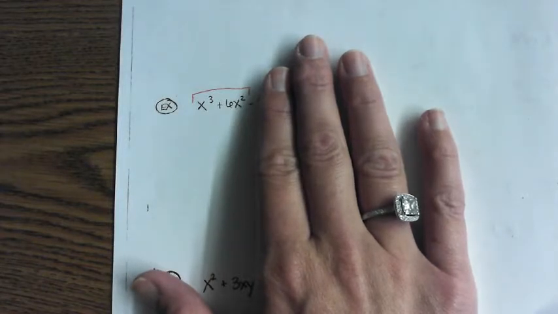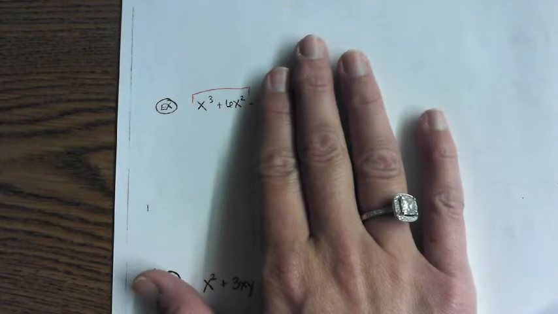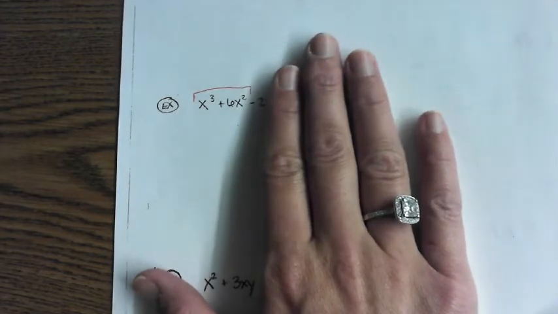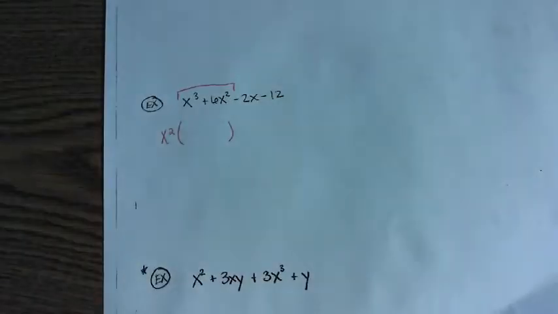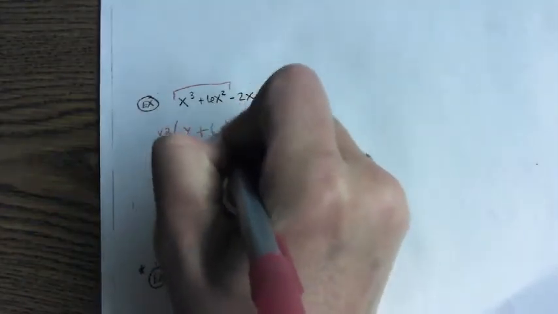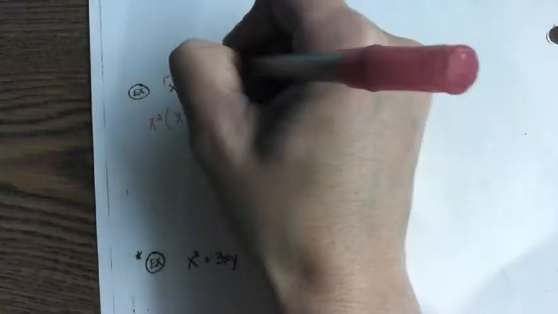Right, so you don't really take out a 1 usually. Okay? And then you move on to your x's. We've got an x cubed and an x squared, so how many can you take out? X squared, good. So when I take out an x squared, Angie, what's left? Plus 6, perfect. Second group.